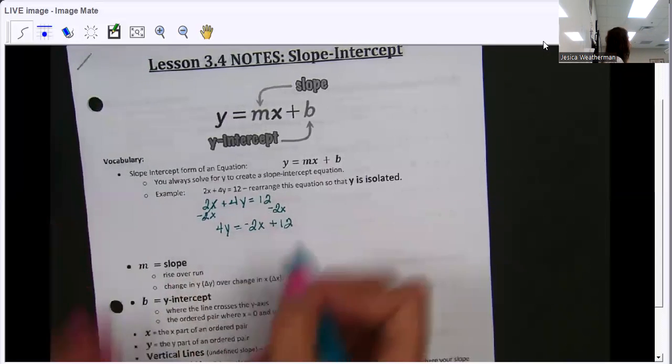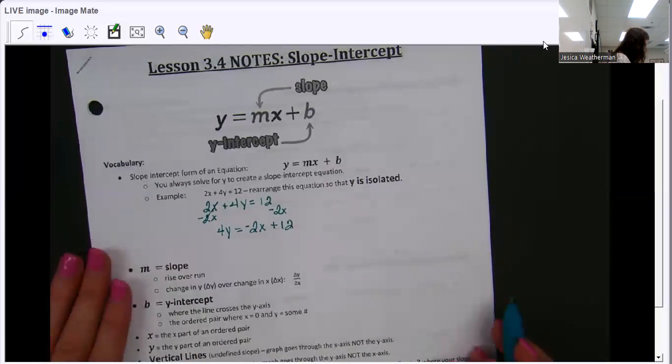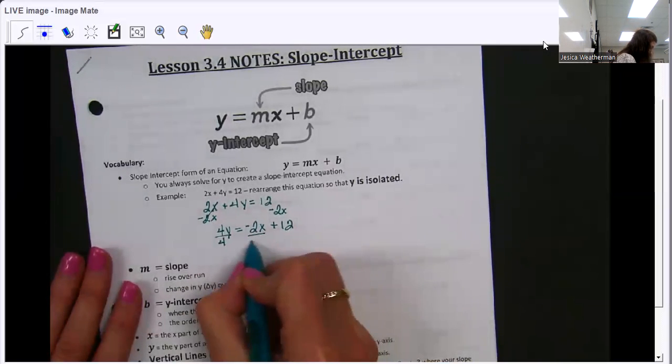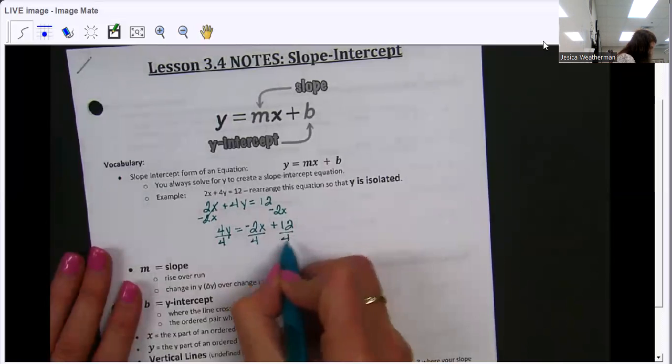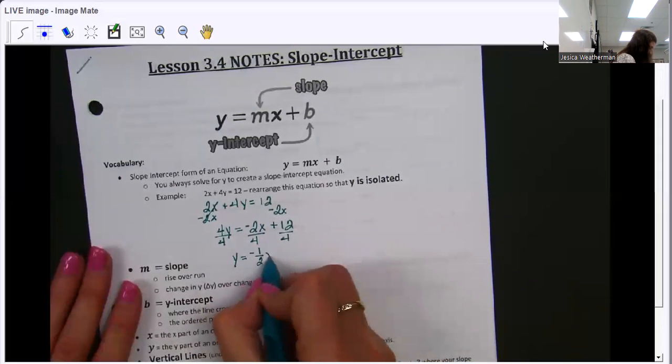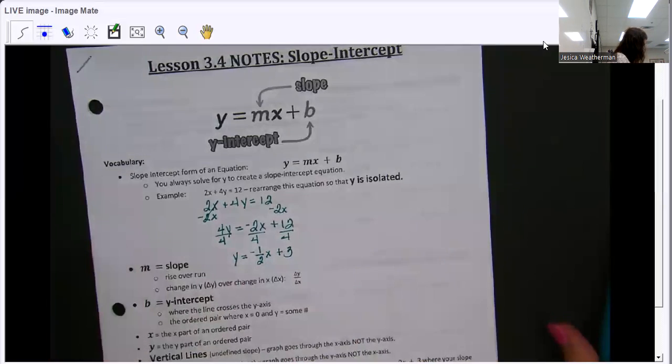The reason I put my negative 2x first is because that's the proper way to write a slope intercept equation. Now to isolate the y, we need to divide everything by 4. And you can simplify negative 2/4 to negative 1/2 and simplify 12/4 to 3.